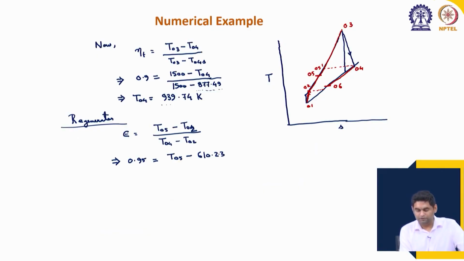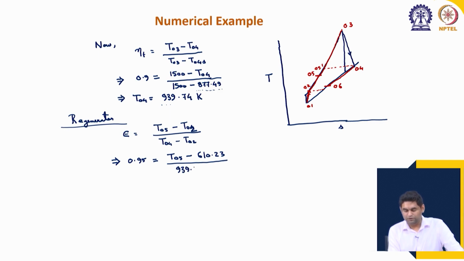Again remember, all calculations should be done in Kelvin to avoid mistakes. T04 just now we have calculated as 939.74 minus 610.23. So, this gives us a value of T05, which is very important because this is the inlet temperature to the combustion chamber. So, this T05 comes out to be equal to 923.26 Kelvin.